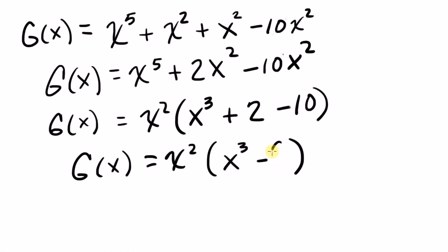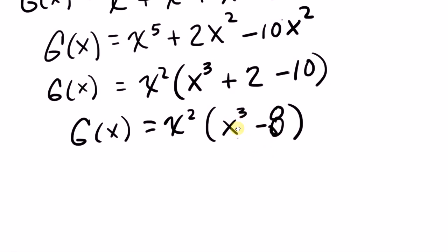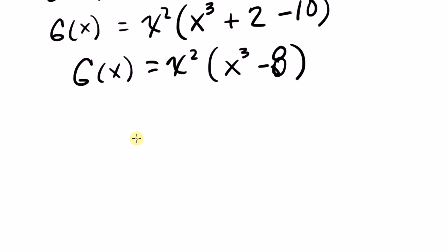Okay. So now what we can do is use the perfect cube formula here. So we're going to get x minus 2 times x squared plus this value times this value.